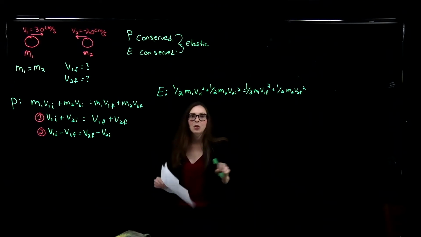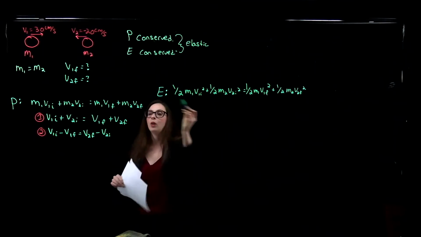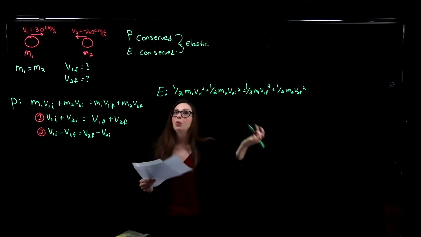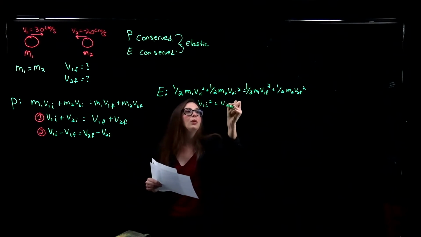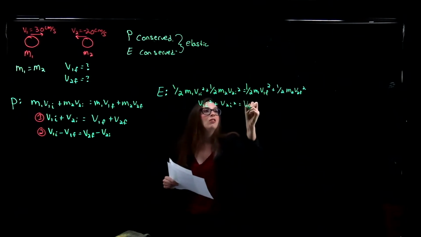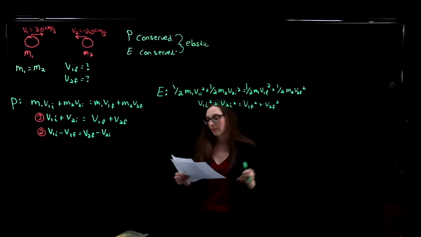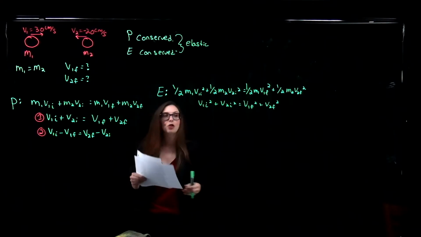Okay? So again, all the masses are going to cancel each other because M1 is equal to M2, and each one of these terms has an M. Also, the 1/2s are going to go away as well. So we've got V1 initial squared plus V2 initial squared equals V1 final squared plus V2 final squared. Okay, and I am going to do a little trick.